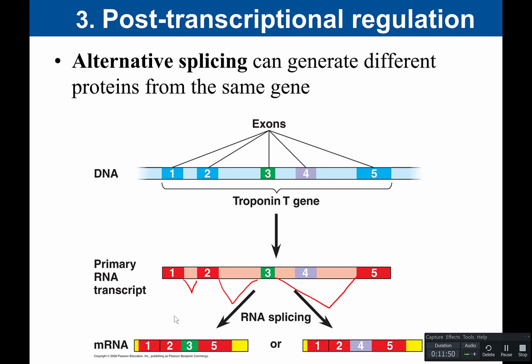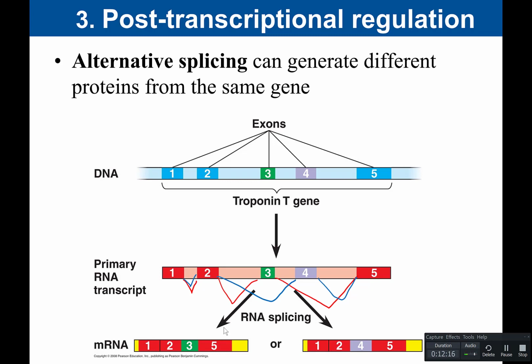Now let's look at a different option, and let's look at how that could be spliced. I color-coded these blue. So we could cut from 1 to 2, so cut out this intron, but now cut from 2 to 4, so cut out exon 3, and then cut from 4 to 5, so that this mRNA is 1, 2, 4, and 5.